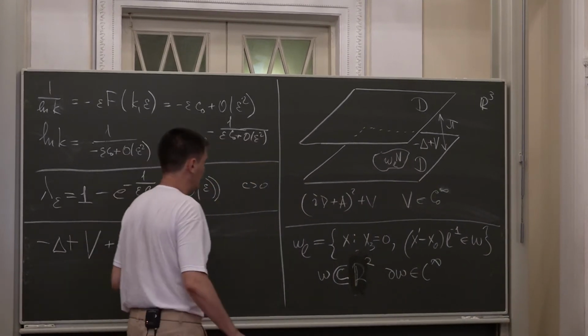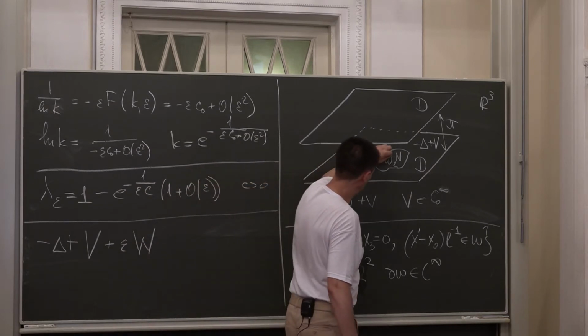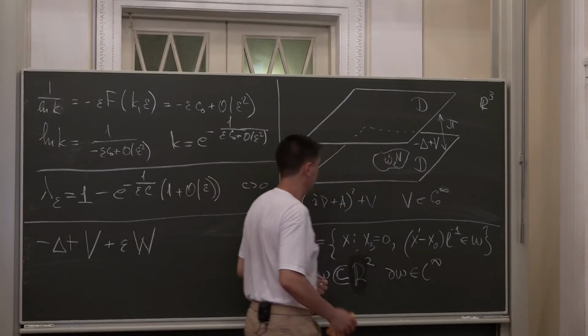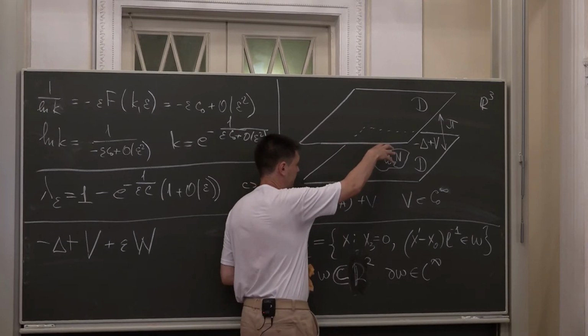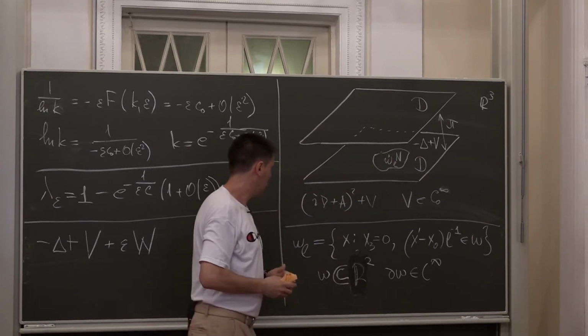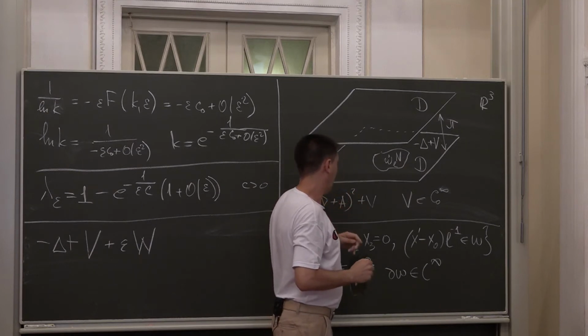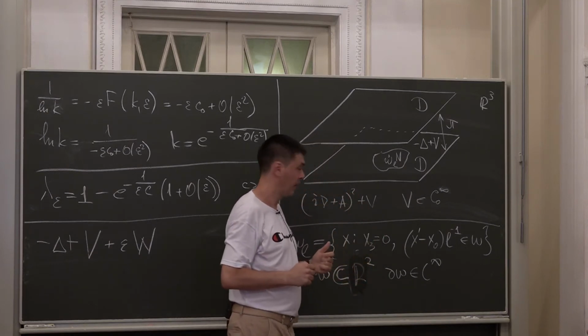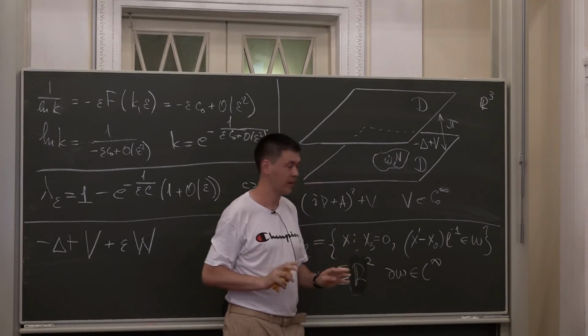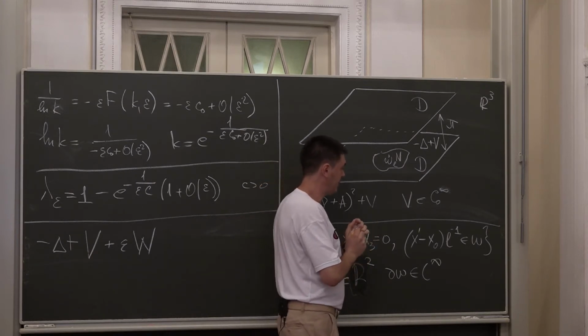So what we do is that we choose some point on this lower plane, then we put a fixed domain on it so that this point is inside this domain. And is L small or large? L is a parameter.